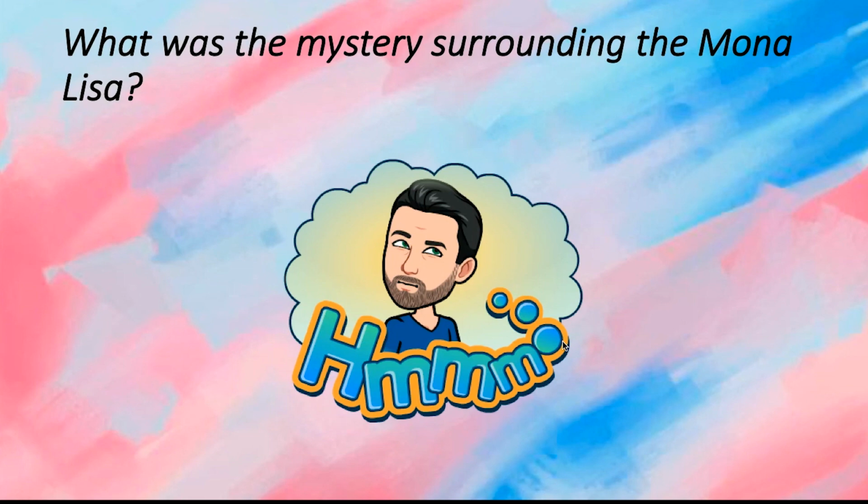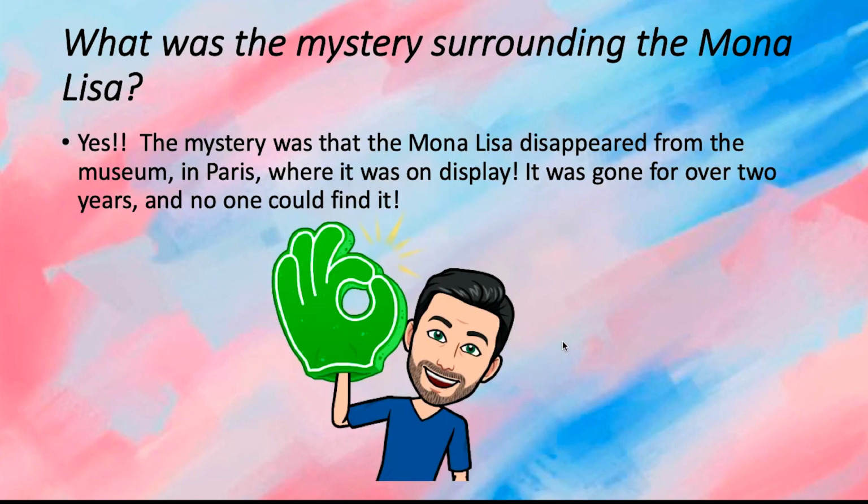What was the mystery surrounding the Mona Lisa? Yes, the mystery was that the Mona Lisa disappeared from the museum in Paris where it was on display. It was gone for over 2 years and no one could find it.